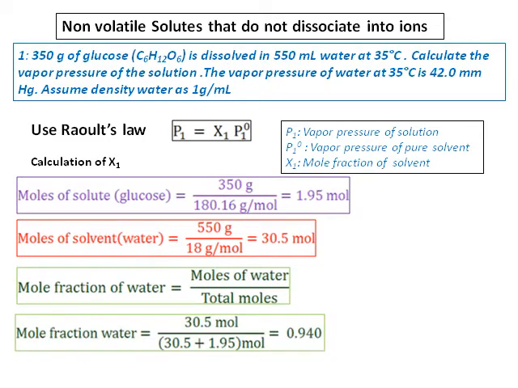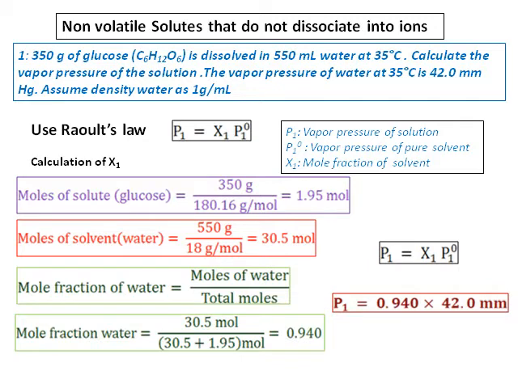Applying Raoult's law, the vapor pressure of the solution is equal to the mole fraction times the vapor pressure of pure water, and that's equal to 39.5. You can notice that P1 is smaller than P10, indicating that there is a lowering of vapor pressure.